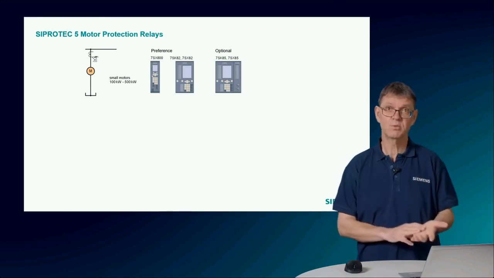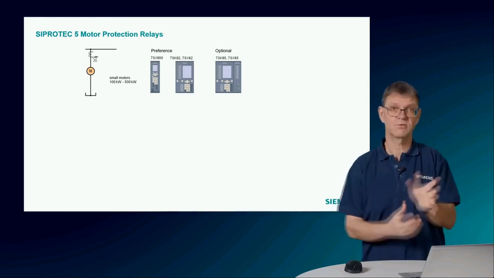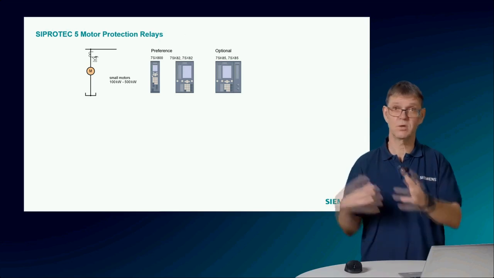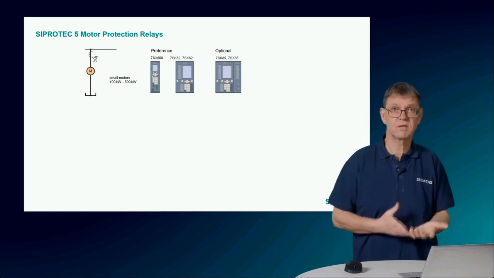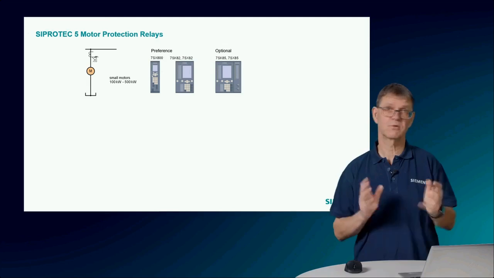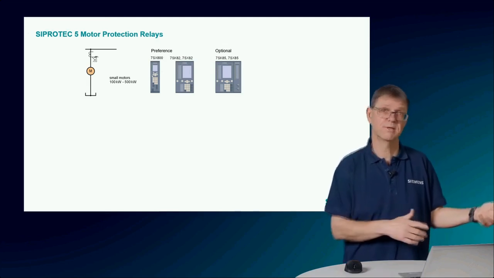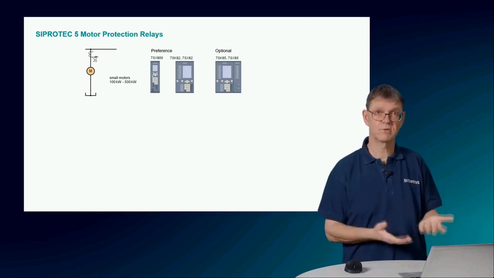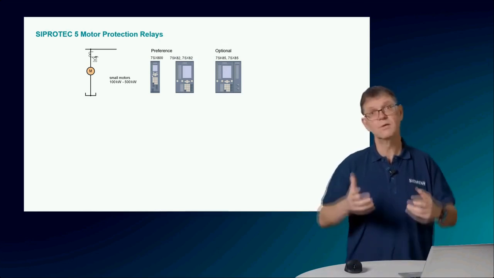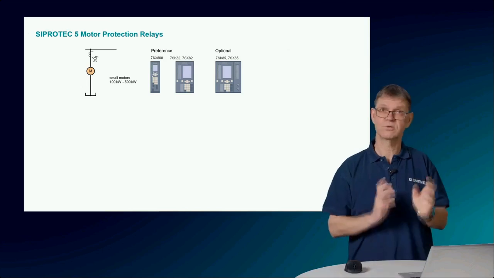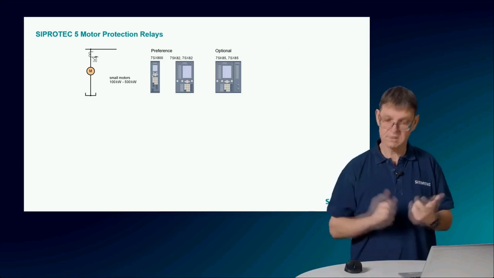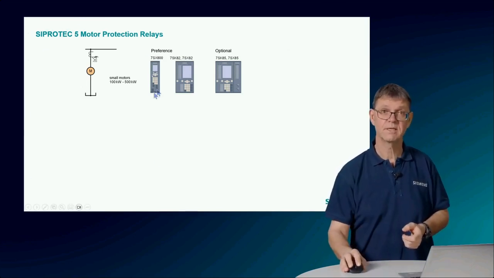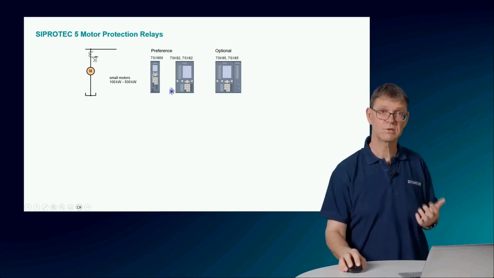The advantage could be that you have just one kind of device, the 7SX82 or 85, and you can use this device for the motor protection, but also for any other protection purpose in your field. So the idea is you have a universal device, you are more flexible, you need less devices on stock, for example. And here the small relay, the 7SX800, is also a universal relay here.